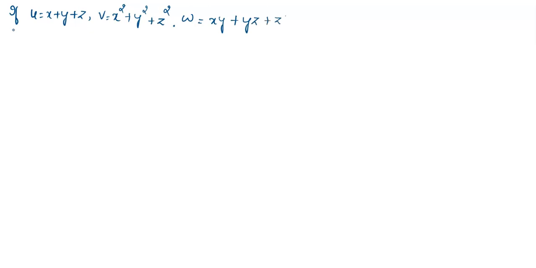Let me discuss the problem based on Jacobians. If u equal to x plus y plus z, v equal to x square plus y square plus z square, w equal to xy plus yz plus zx, find the Jacobian of u comma v comma w with respect to x, y, z.